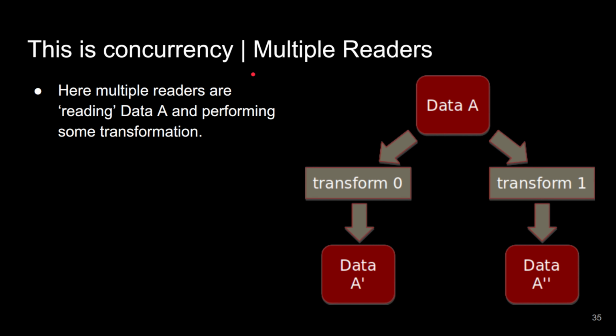We're going to start with the basics today, but there's this problem of what's called multiple readers, where you can have some piece of data, data A, and multiple threads reading data A. You see the little tick marks here, implying that this thread or process is reading from data A. Maybe you're transforming, you're just reading from the data and then generating a new piece of data from data A. You can do that safely because you're just reading. You're not actually changing the state of data A.